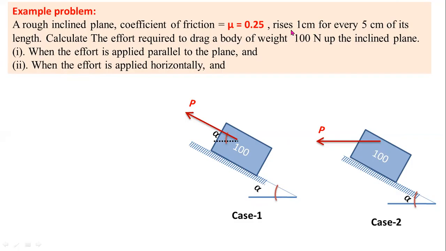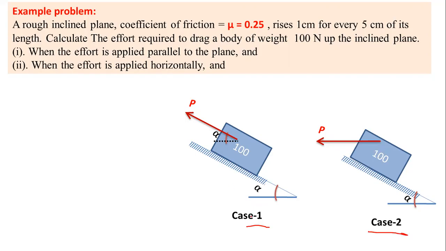From this given question, first you have to identify the given values. From the given question, you can identify there are two cases in this problem. This is case one, this is case two.